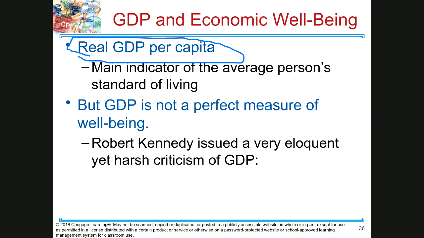All it does is measure material stuff. Of course, when the GDP is higher, we have more access to high school buildings, hospitals, highways and things like that. But a lot of other stuff in human life is not captured just by GDP.